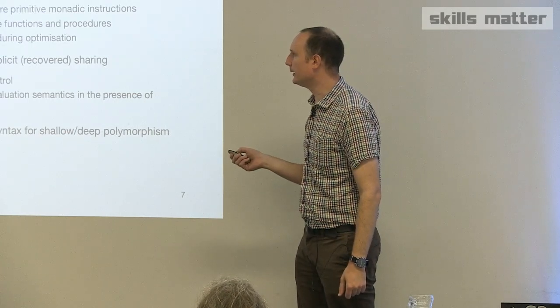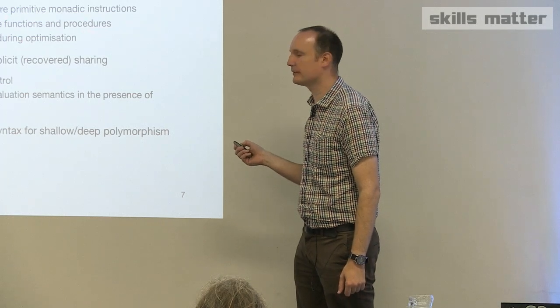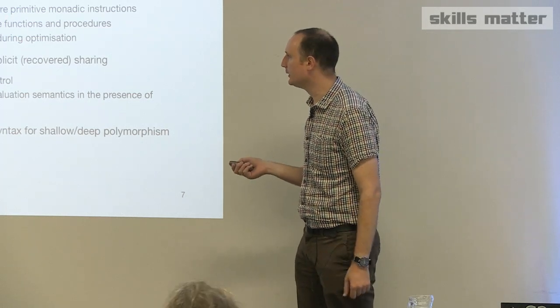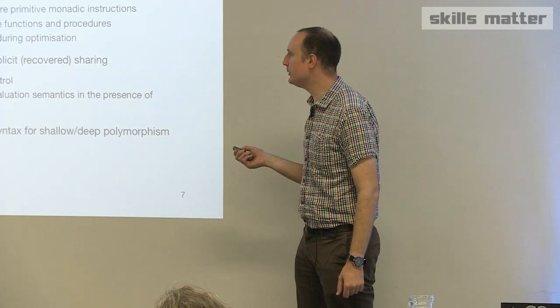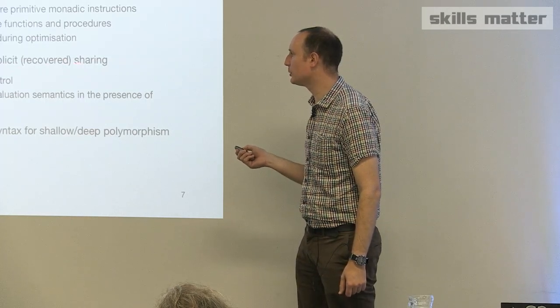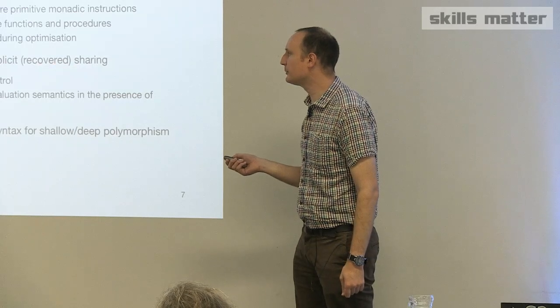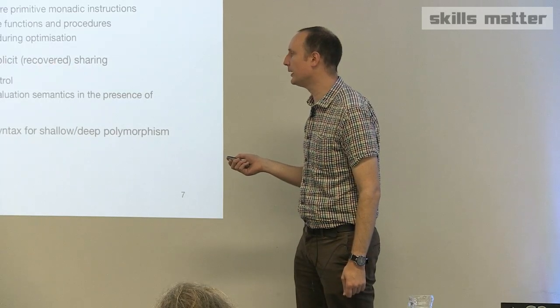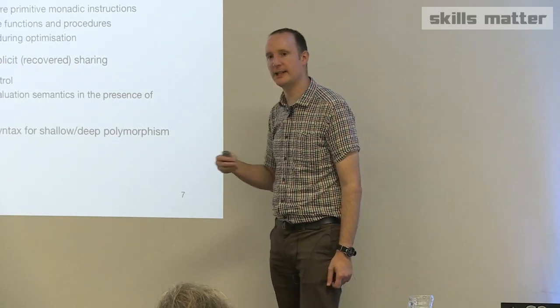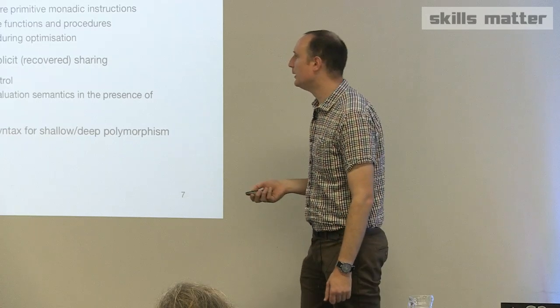So I statically differentiate between something that's a function and something that's a procedure. Although I do recover some sharing, I'm not going to talk about that. I don't do anything clever. I mostly rely on explicit sharing to get manual control. So there's a let in the language.